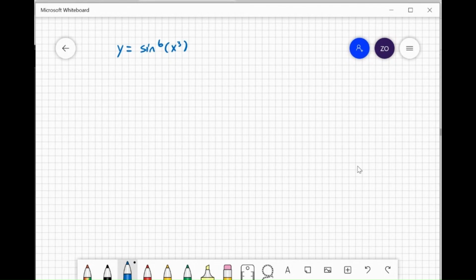Let's rewrite this function so that we can understand it better. Here we have the sine of x cubed raised to the 6th power. If you rewrite it, it's going to be easier to see which is done first and which is done last.